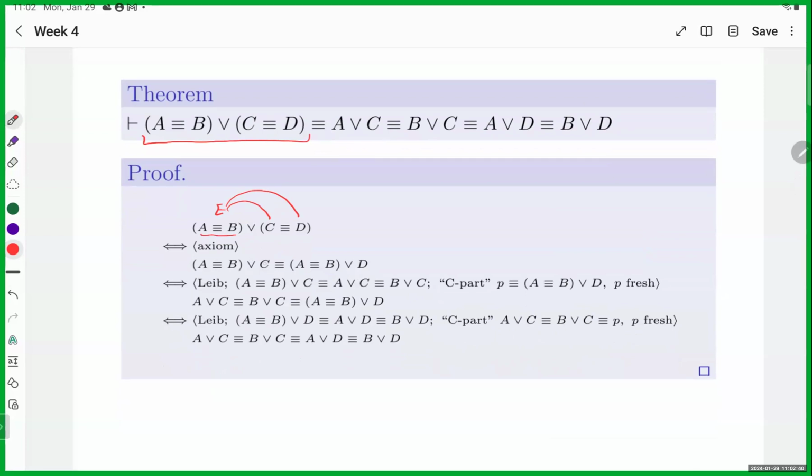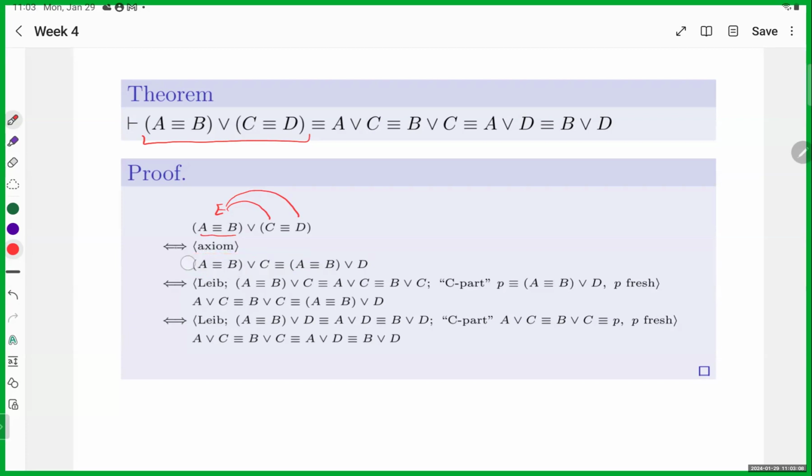Now I want to distribute C from this side over this. So I'm going to take this part, and I know it's equivalent to A or C is equivalent to B or C. It's called the distributivity. But in order to do that, I need Leibniz, because this is a subformula of this entire formula.